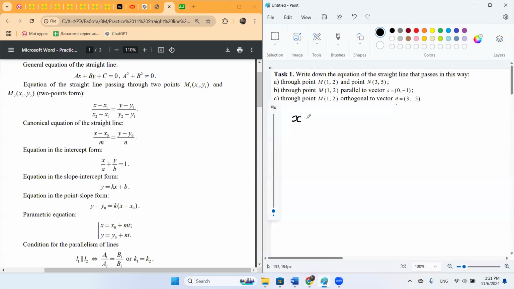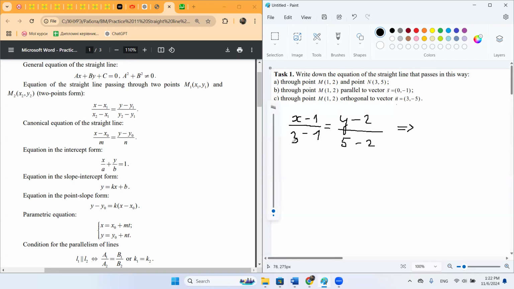So x minus 1 divided by x2 minus x1 equals y minus 2 divided by y2, 5 minus 2. And if we reduce it, I'm sorry, why do we have x2 equal 2?